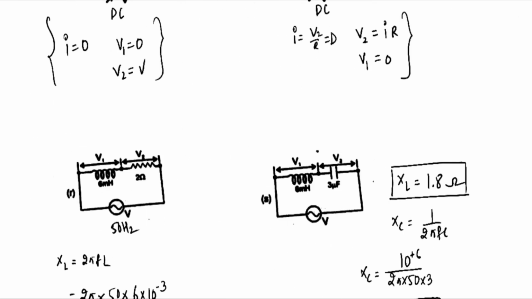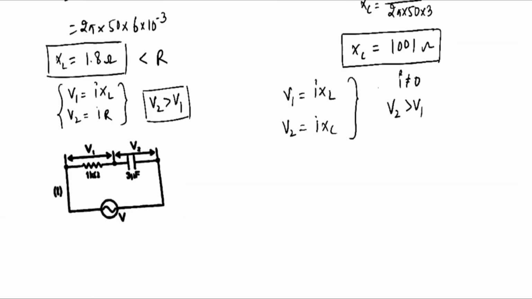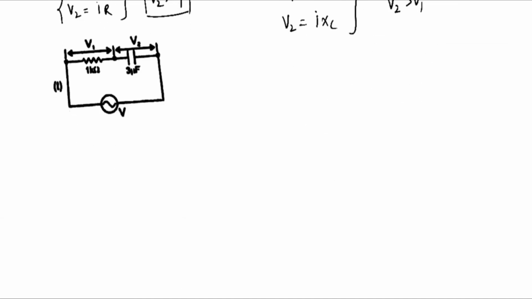Last diagram means last circuit. In that circuit, we are given a resistor of 1 kilo ohm and a capacitor of 3 microfarad. So resistance is 1 kilo, means 1000 ohm, and XC is equal to 1001 ohm.